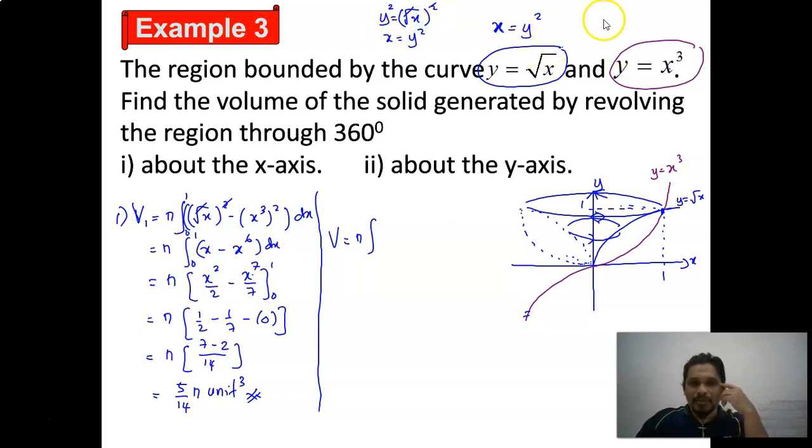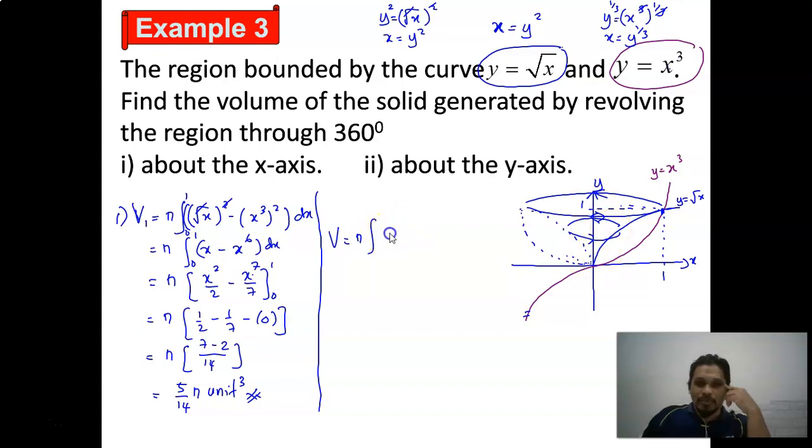And what about this one? y equals x cubed, raise to the power of 1 over 3, then x equals y to the power of 1 over 3. So the curve y equals x cubed, in the form x equals f(y), is y to the power 1 over 3, because this curve is above this one relative to the y-axis.